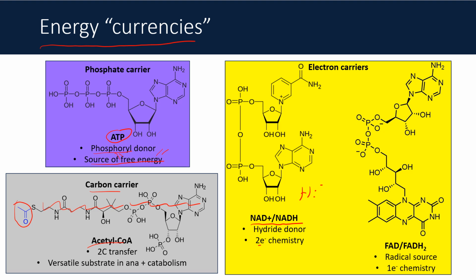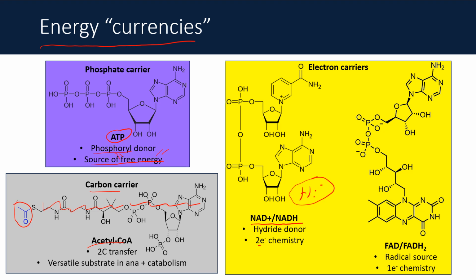When we metabolize food for energy, what we are doing essentially is extracting out the hydrides from the food molecules and slapping them onto and charging up NAD plus into NADH. We'll talk more about that later.